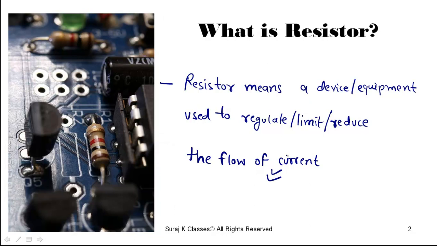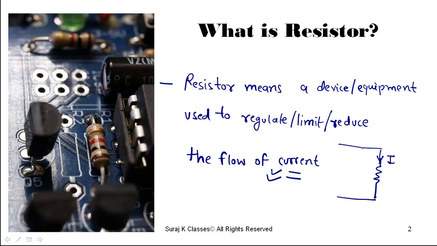If you are a regular visitor to our channel, then you must know the difference between current and voltage. You must be able to differentiate between these two electrical quantities, and you must know why I'm writing current, not voltage: because the resistor is connected into the circuit like this, and the current is directly in contact with the resistor.